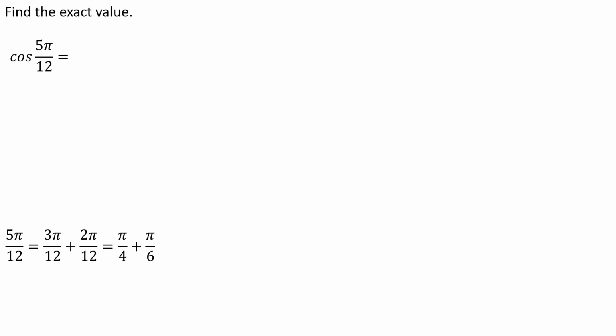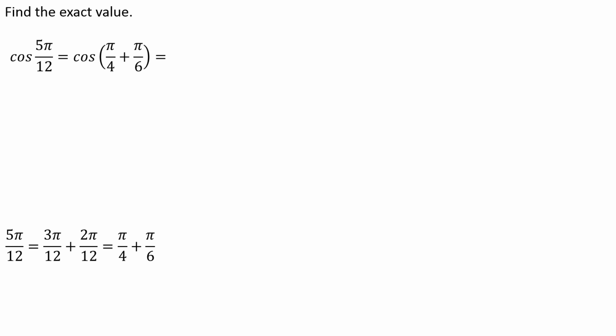So 5 pi over 12 is really pi over 4 plus pi over 6. Aha! Cosine of u plus v. Right? U in this case is going to be pi over 4. V in this case is pi over 6.